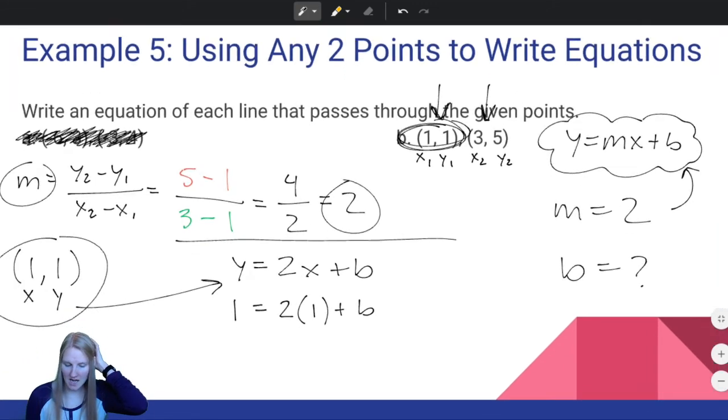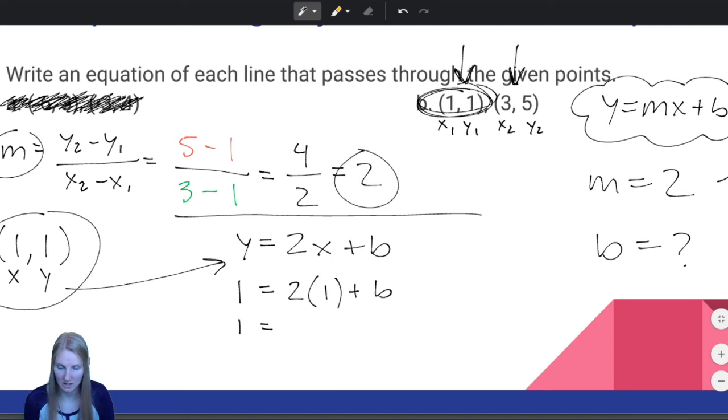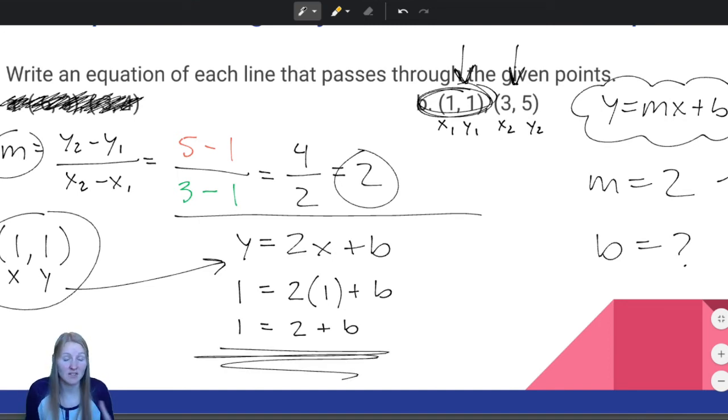Okay, and now we're going to zoom in on solving for b. So we have 1 equals 2 times 1 is 2 plus b. And how do we solve? How do we get b by itself?